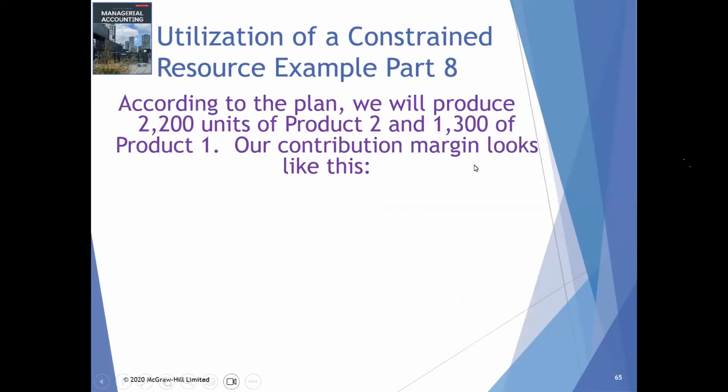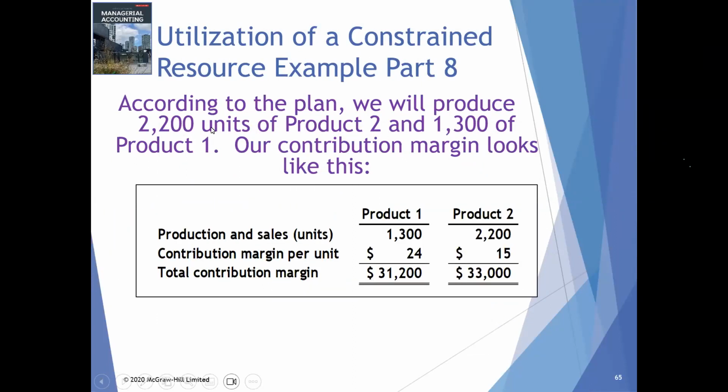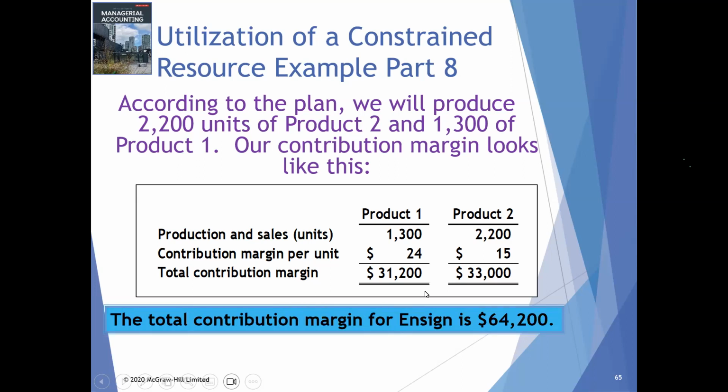Our contribution margin looks like this: the number of units multiplied by the contribution margin per unit, which is already given. We multiply these, and the total is 64,200, which is the answer in front of us.